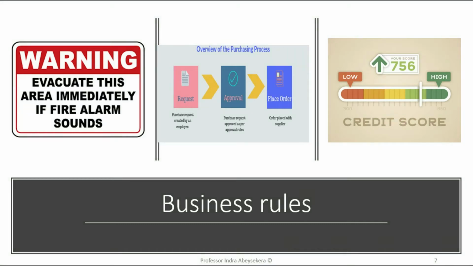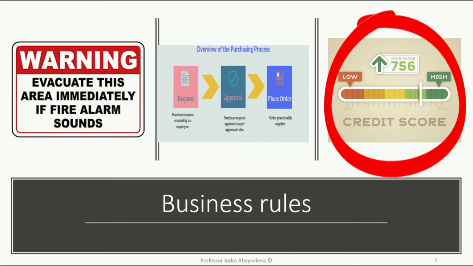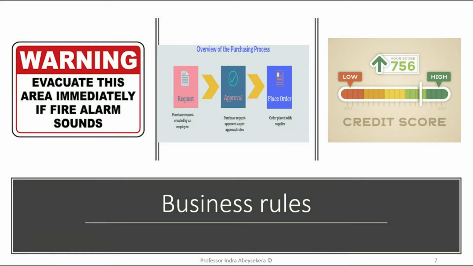That means it must follow request, and then approval, and only then placing the order. It may also follow a rule on credit scores before credit is granted to customers. There could be benchmarks set for credit scores depending on the customer's reputation, customer's history, and so forth.